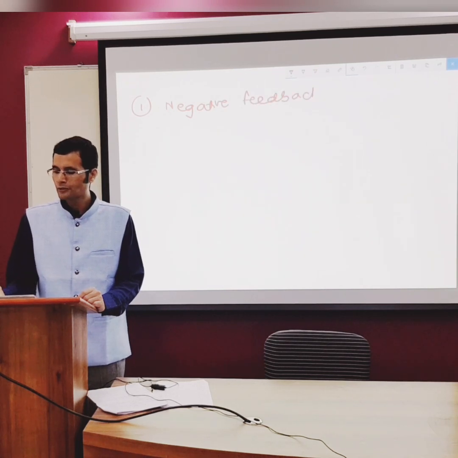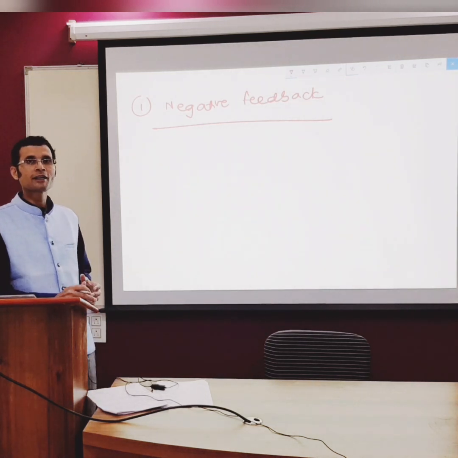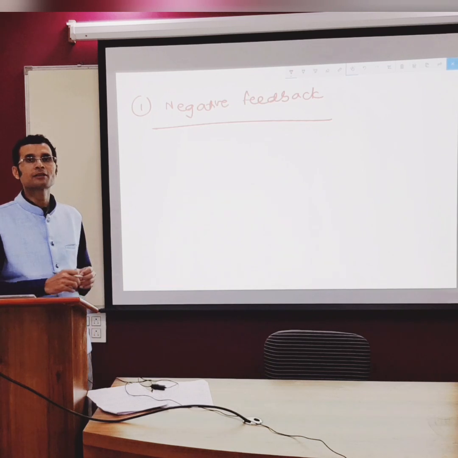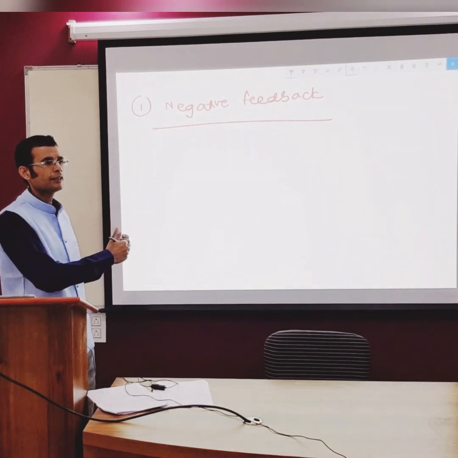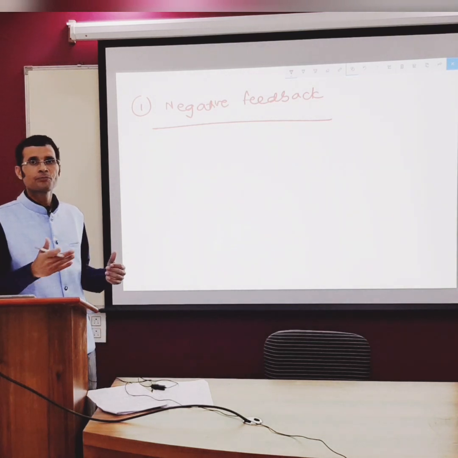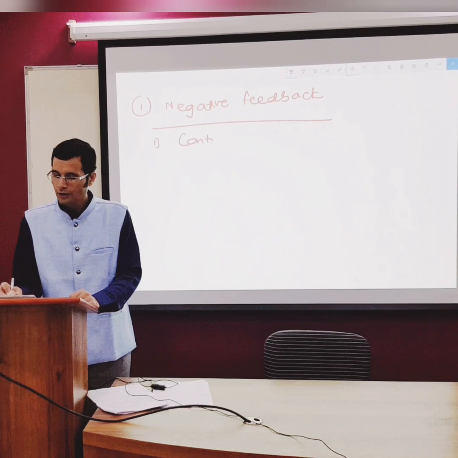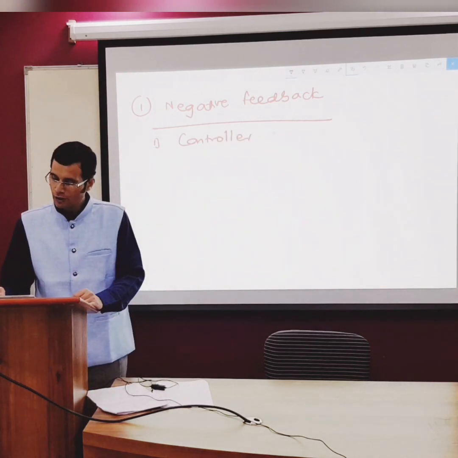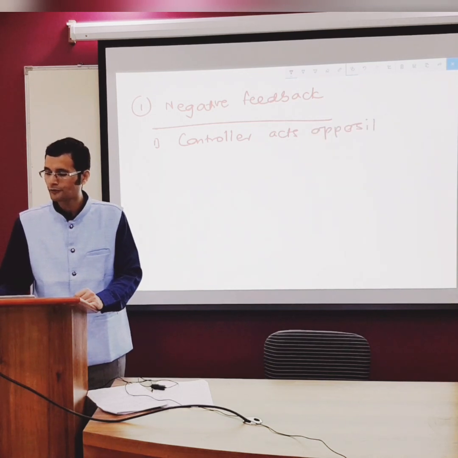Most of the body's homeostasis, 99% of the homeostatic regulatory mechanisms, they work on a negative feedback principle. That the change occurs and that change is negated, cancelled. So what happens is, when the controller receives the change, it acts in the opposite direction to that of the change.